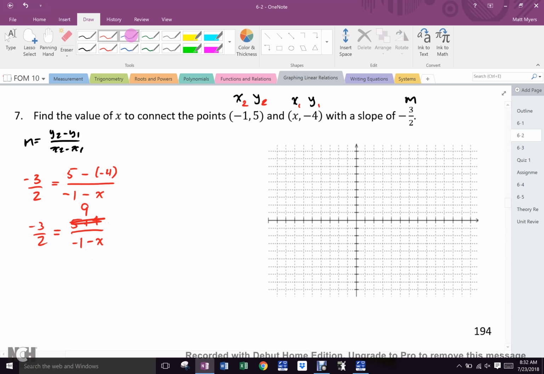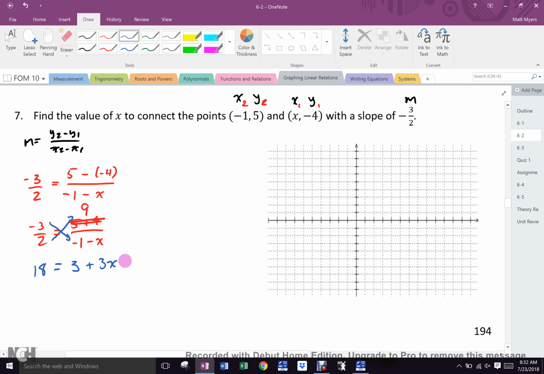Now, what do I do? Is it fraction equals fraction? So I cross multiply. What's 2 times 9? 18 equals. What's negative 3 times negative 1? 3. What's negative 3 times negative x? Positive 3x. Now what do I do with that?